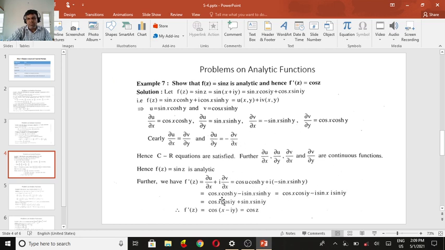So I open this: cos x cosh y minus i times sin x sinh y.